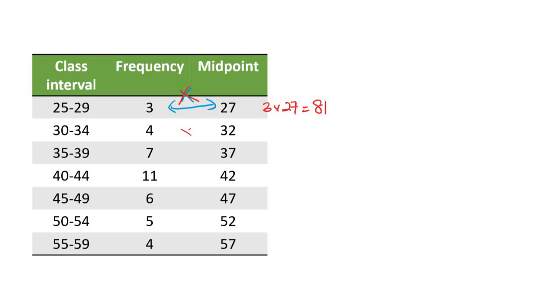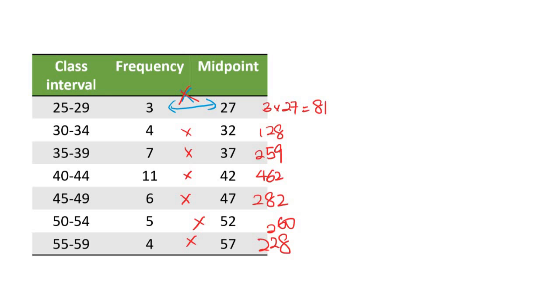Next, multiply 4 with 32, this one is 128. Multiply 7 by 37, this one I get 259. 11 multiplied with 42 is 462. 6 multiplied with 47 is 282. 5 multiplied with 52 is 260. The last one here is 4 multiplied with 57, which is 228.